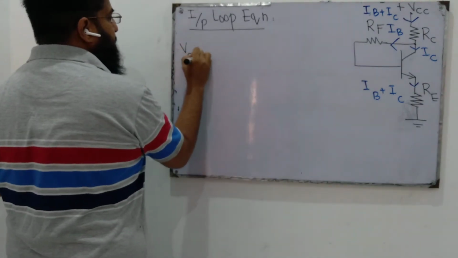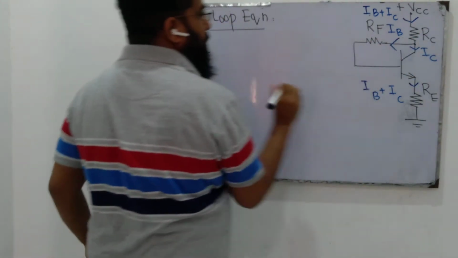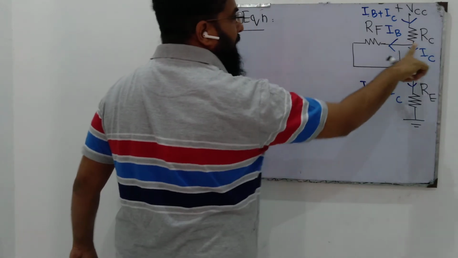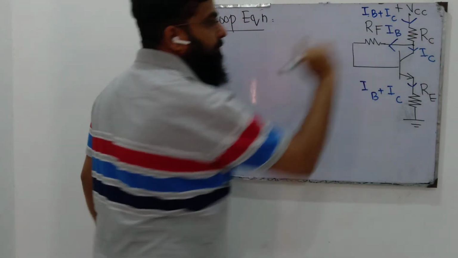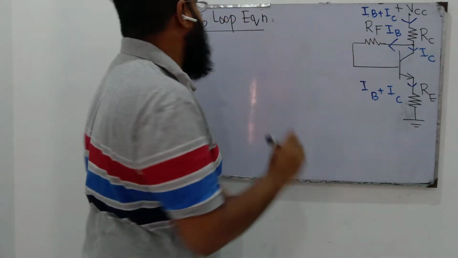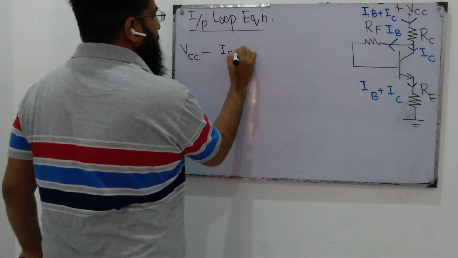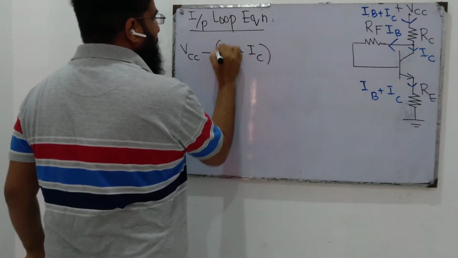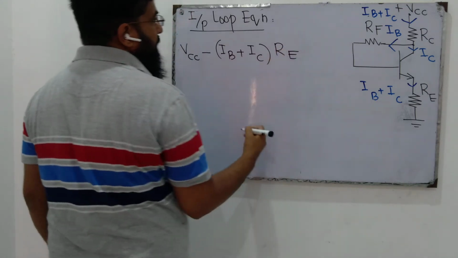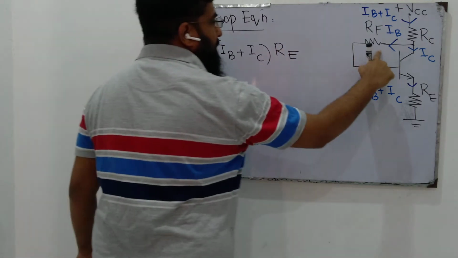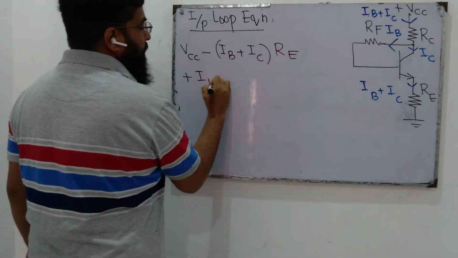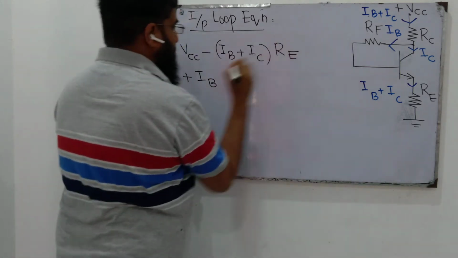VCC voltage rise, minus the voltage drop across RC. The current flowing through this resistor is IB plus IC, so IB plus IC times RC, minus the voltage drop across RF. The current flowing is IB times RF.